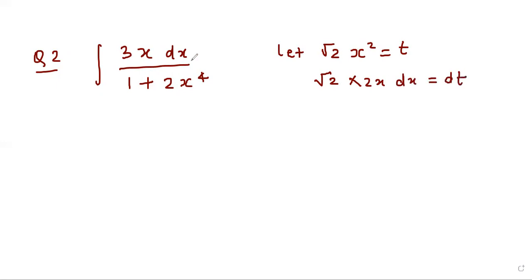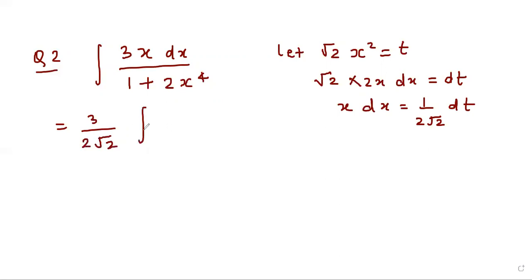So we have 3x dx, so we should try to find out x dx from here. X dx will be 1 upon 2 root 2 dt. So it will become 3 upon 2 root 2 integration dt upon 1 plus t square.